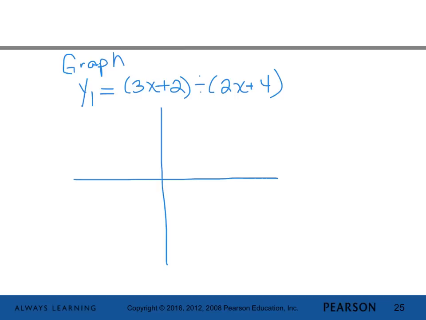We've seen these before. And this rational function has a vertical asymptote where 2x plus 4 is equal to 0, which happens to be where x is equal to negative 2.